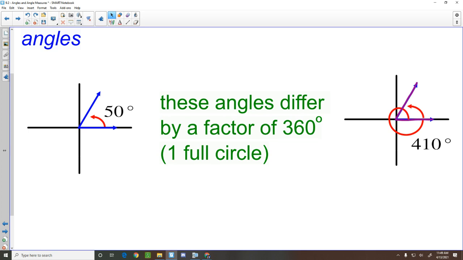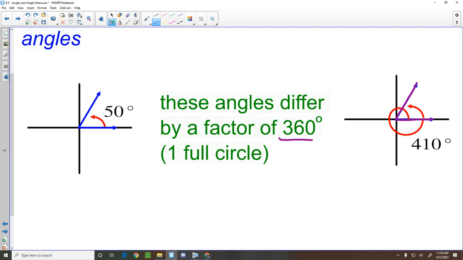It's the exact same thing. It's the same angle, essentially. I just took out one full spin, or I took out a 360. Those two angles differ by exactly 360 degrees because that's one complete rotation around the circle.